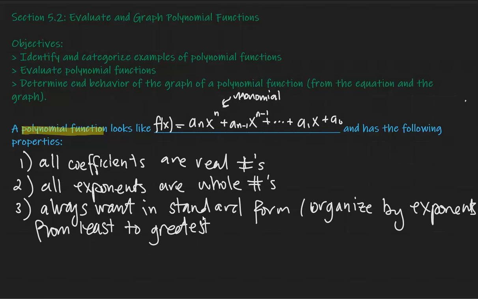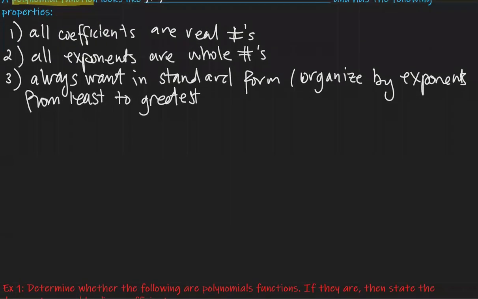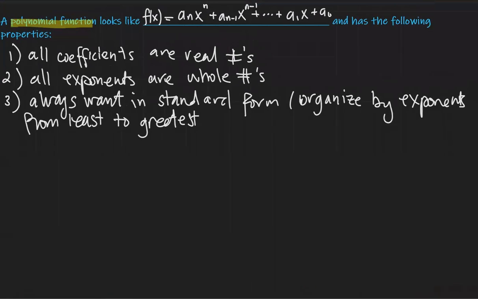And then another property that will be useful here: we have a few more. The a sub n is not 0. We don't want a sub n to be 0 because then there's no point in putting it there.